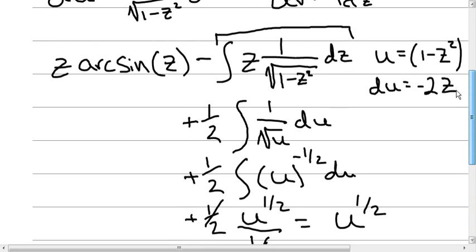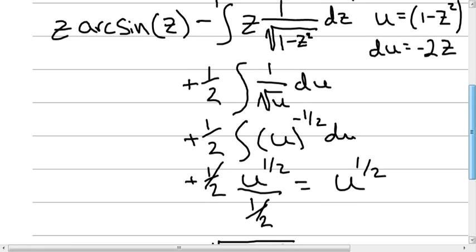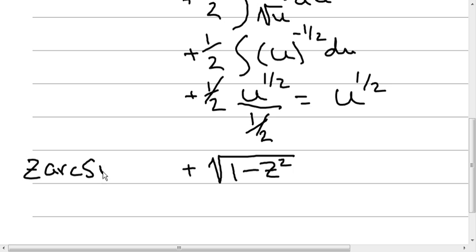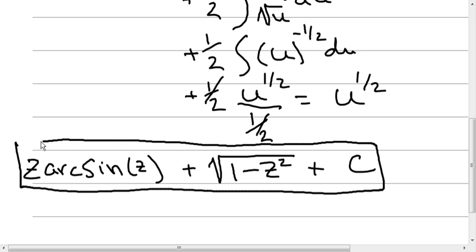We go back out and write back the first term: z arc sine of z plus this, of course, plus a constant, and that's the solution right there.